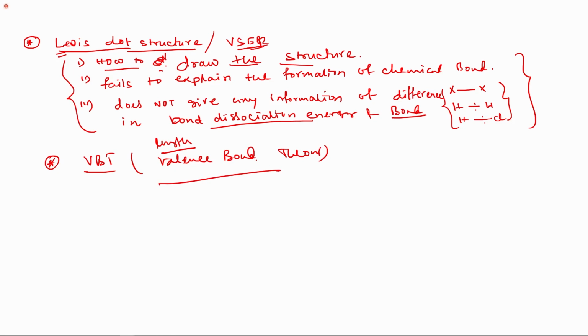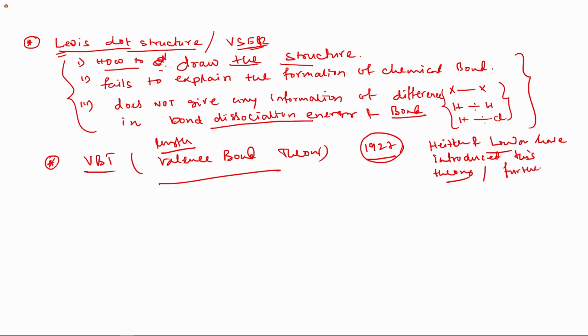This valence bond theory was introduced in 1927 by Heitler and London, and further it was developed by Pauling.